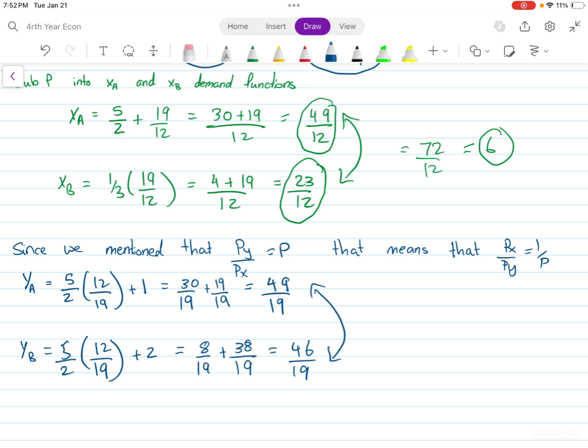So this is how much each of them are willing to trade for good Y. And if we add both of these together, the market clearing condition is satisfied, because 49 plus 46 over 19 is equal to 5 units.